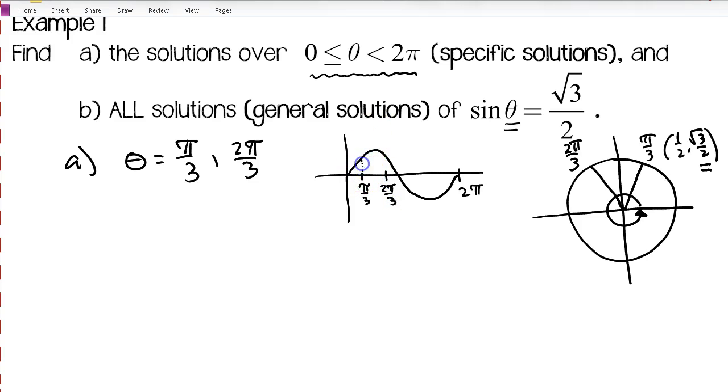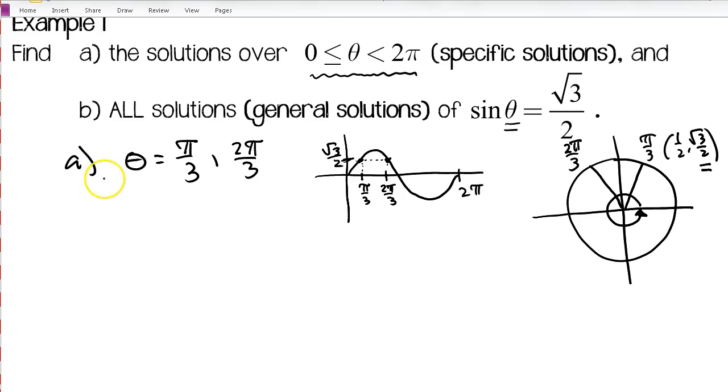And if I looked and determined what y-coordinate was there, we'd have the same y-coordinate over here. This y-coordinate is going to be root 3 over 2. So these two spots over that full period would have a y-coordinate of root 3 over 2.